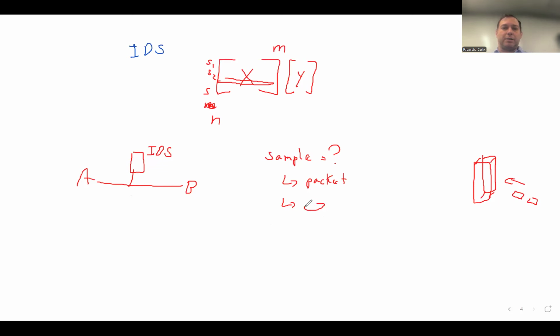It's like a bucket, 1 minute, and what are we throwing in here? Packets. Okay, so it's not just one packet, but how many packets went in there in a minute.